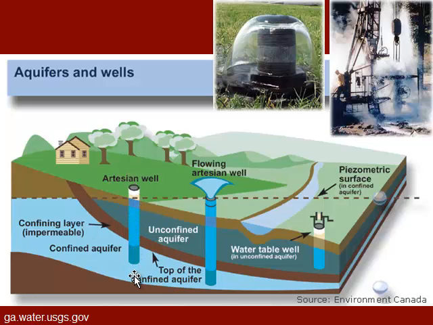So when you drill a well into it, the water is going to rise in the well up to a point where that pressure from this confined aquifer is going to push it up to, we call it the piezometric surface. And when we have lots of pressure on that confined aquifer, sometimes we can get wells that are flowing. Those are called artesian wells. And here's just a couple examples of a pretty calm flowing one and then a pretty crazy flowing well.